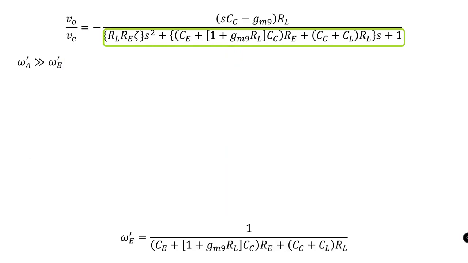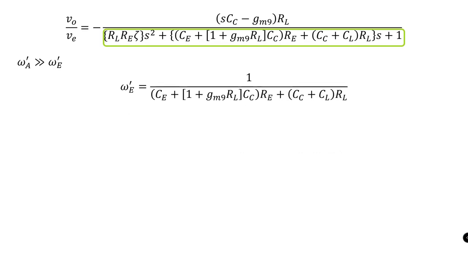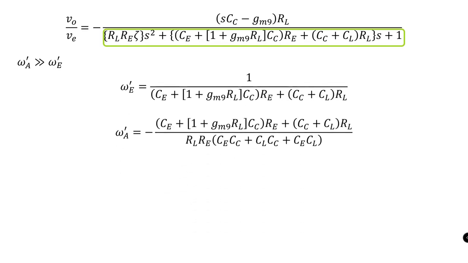Now, let's compare these pole expressions that we have derived after placing the Miller capacitance with the pole expressions that we had before placing the Cc capacitor.